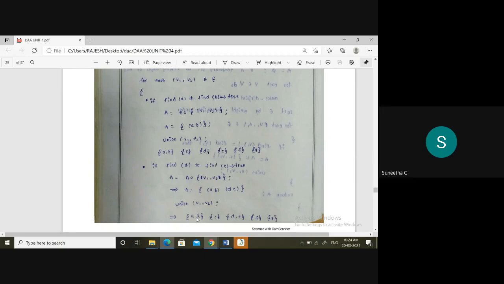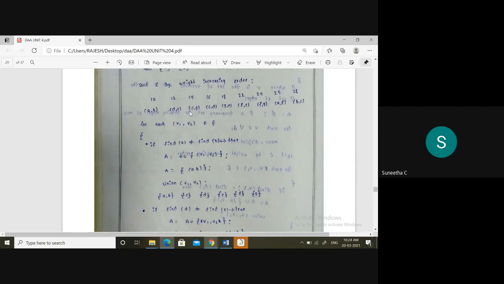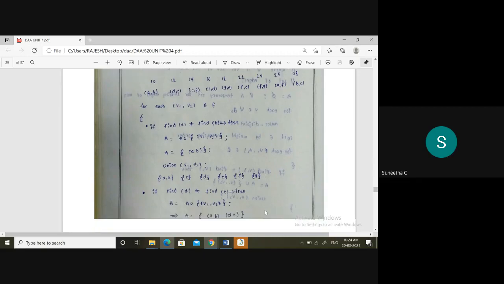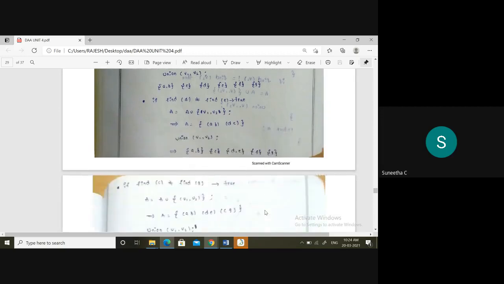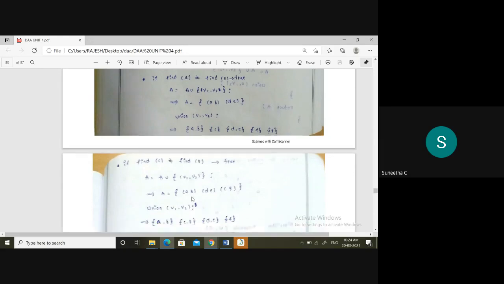AB ఒక సెట్‌లో ఉన్నాయి, నెక్స్ట్ C ఒక సెట్‌లో ఉంది, DE ఒక సెట్‌లో ప్లేస్ చేస్తున్నాం, FG అలానే రాసుకుంటున్నాం. నెక్స్ట్ మళ్ళీ ఆర్డర్‌లో ఉన్న నెక్స్ట్ ఎడ్జ్‌ని తీసుకొని సేమ్ ప్రొసీజర్ రిపీట్ చేయడమే. నెక్స్ట్ ఆర్డర్‌లో CG ఉంది. CGని స్పానింగ్ ట్రీకి యాడ్ చేయాలంటే ముందు C, G ఒకే సెట్‌లో ఉన్నాయా డిఫరెంట్ సెట్‌లో ఉన్నాయా చూసుకోవాలి. ఒకవేళ ఒకే సెట్‌లో ఉంటే దాన్ని యాడ్ చేయడం వల్ల సైకిల్ ఫామ్ అవుతుంది కాబట్టి దాన్ని యాడ్ చేయకూడదు. డిఫరెంట్ సెట్‌లో ఉంటే సైకిల్ ఫామ్ అవ్వదు కాబట్టి దాన్ని యాడ్ చేయొచ్చు. డిఫరెంట్ సెట్‌లో ఉన్నాయో లేదో చూసుకొని యాడ్ చేయాలి.